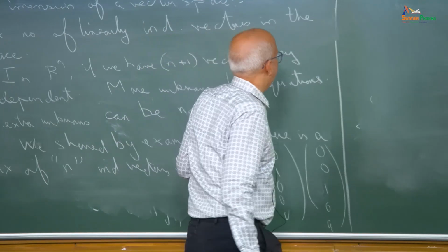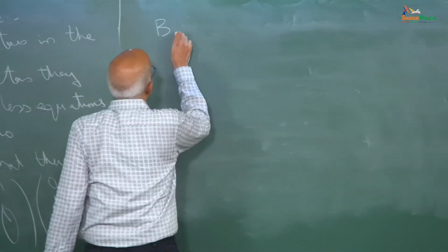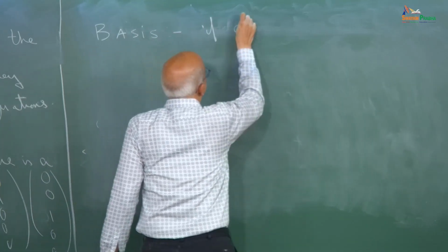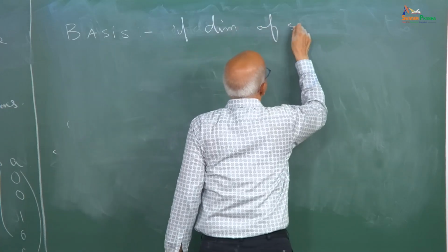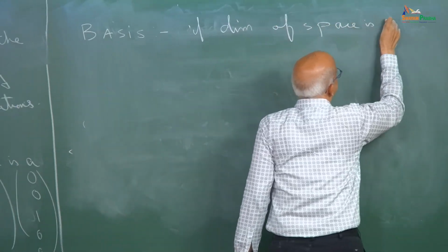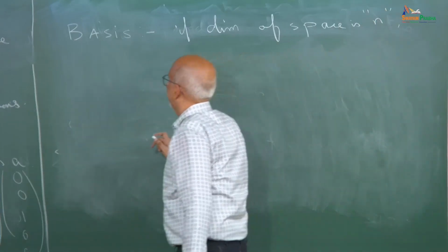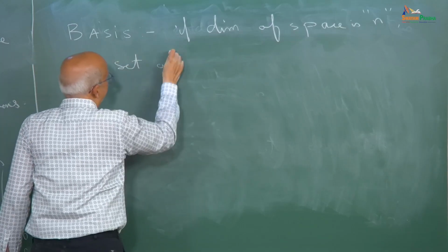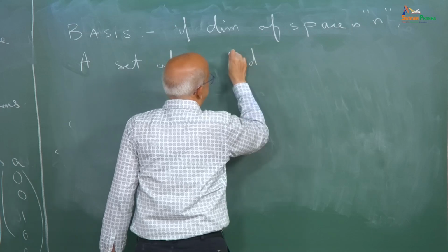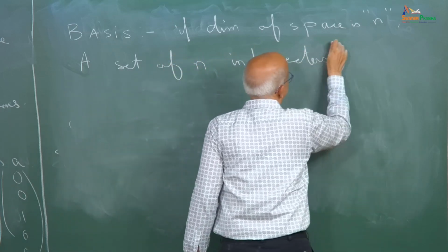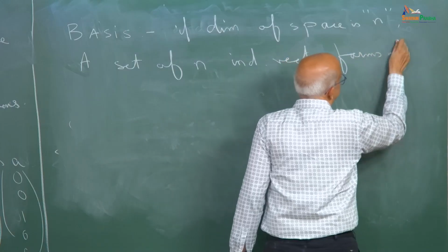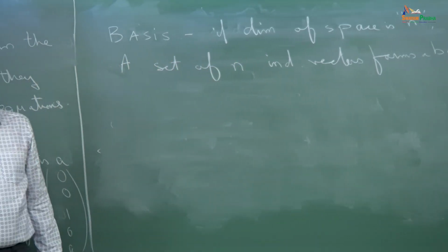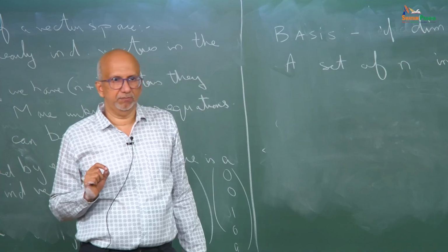So, then we talked about basis. If the dimension of a space is n, then a set of n independent vectors forms a basis, and any vector can be written as a linear combination of this basis.